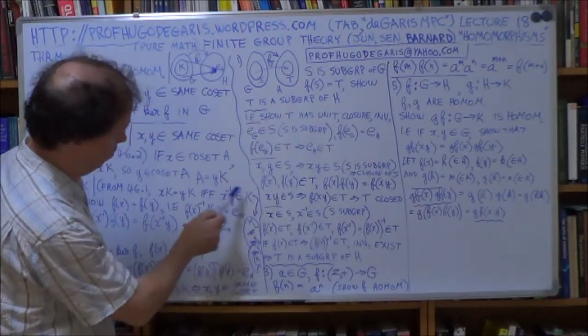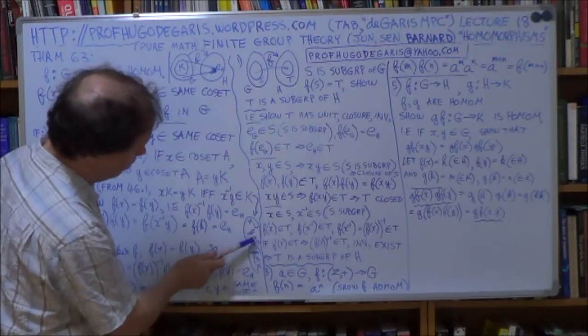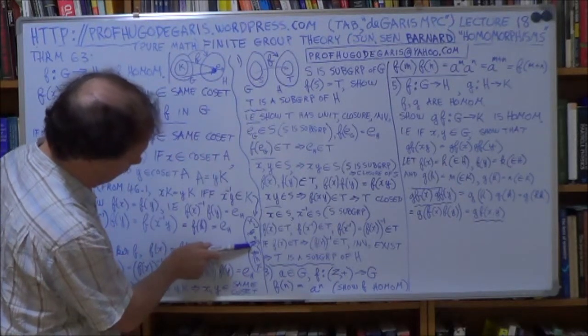That's just common sense. So we can rewrite x inverse y equals little k here.